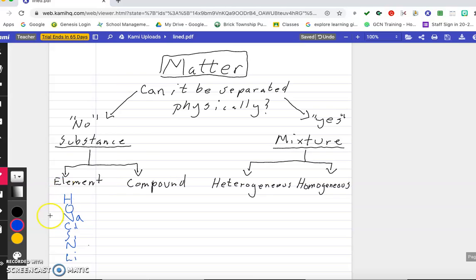So let's take the elements that we wrote down and we can make compounds out of them. For example, we can have water, H2O, hydrogen and oxygen, and lithium chloride, which is a salt, LiCl. So we can call this water, and this is lithium chloride.